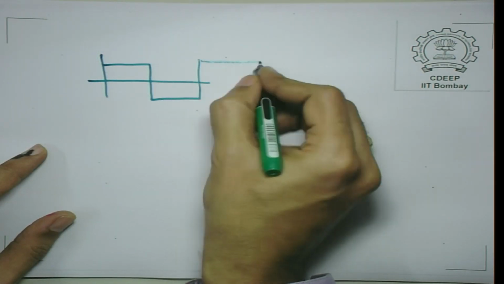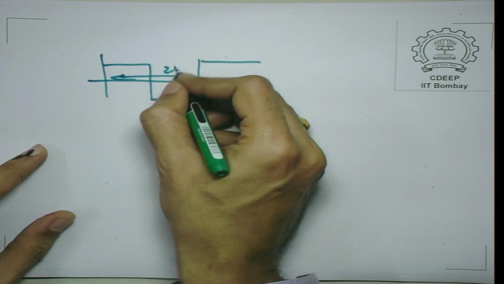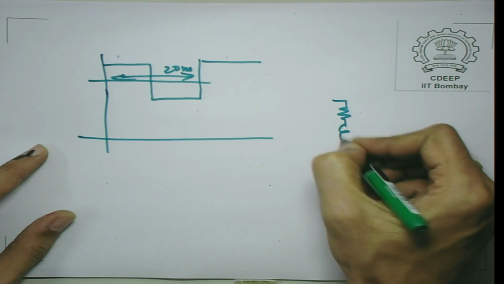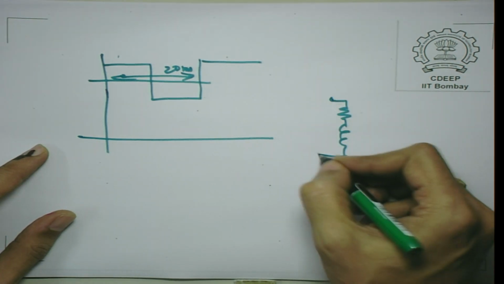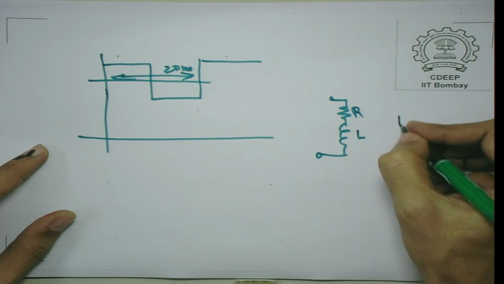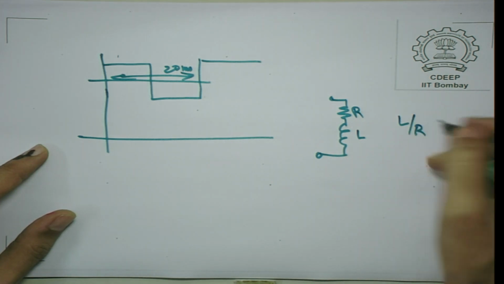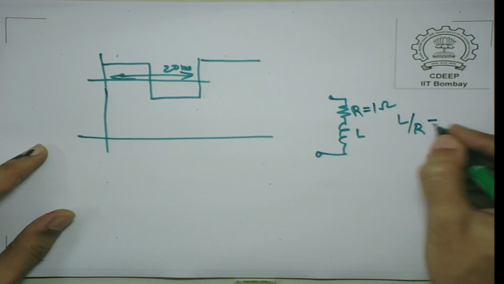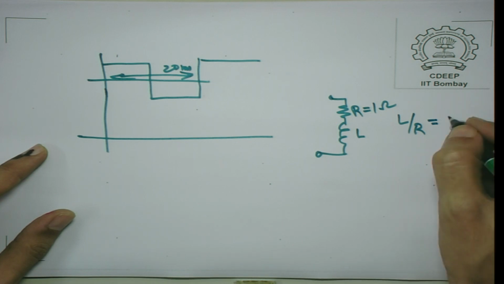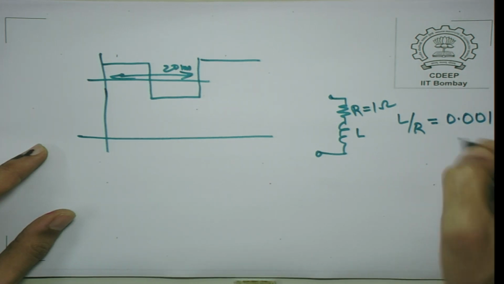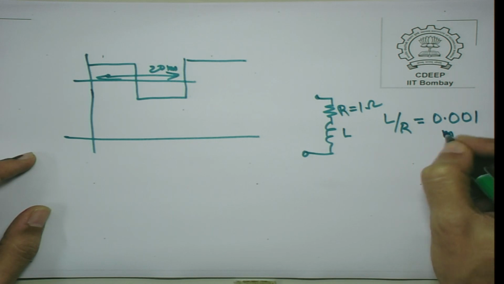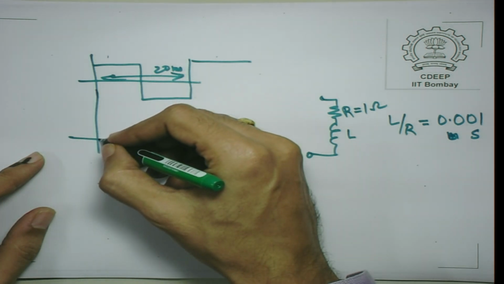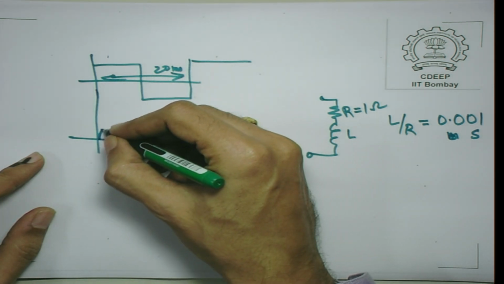This is roughly 20 milliseconds, and let us say you feed it to an RL circuit which has a time constant, that is L by R, where R is 1 ohm and L is such that L by R is, say, 0.001 second, that is 1 millisecond. Then what you will find is your final steady state. I am not talking about the transient. In steady state, your output may look like this.